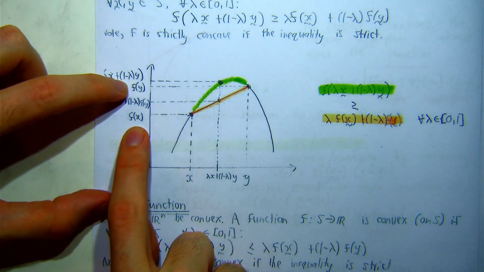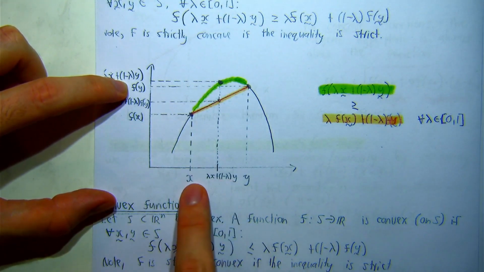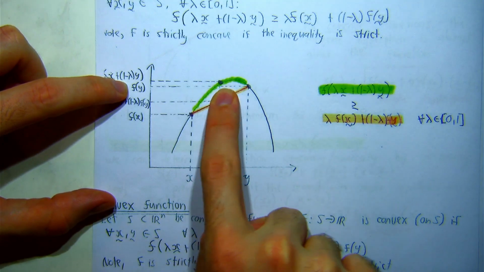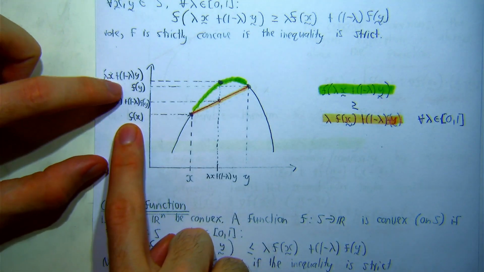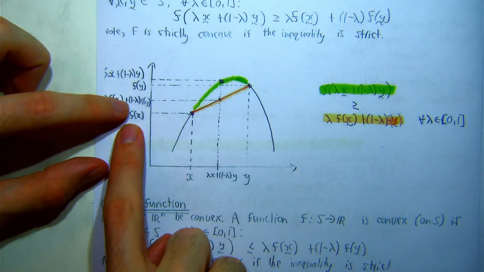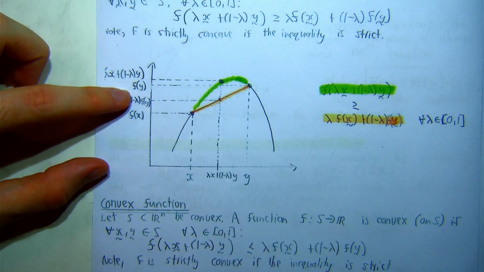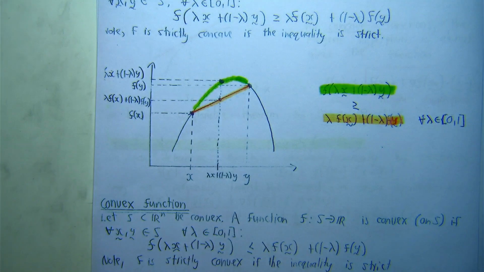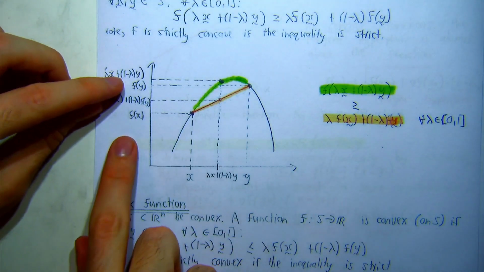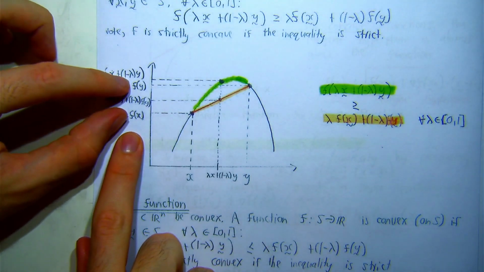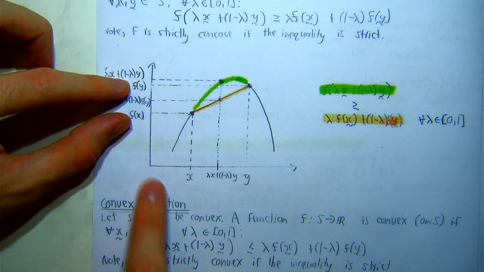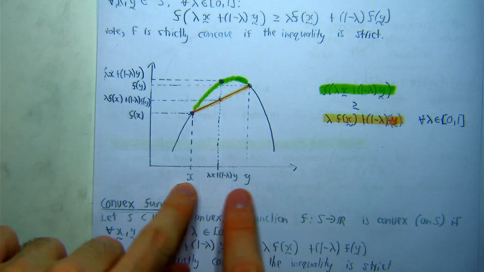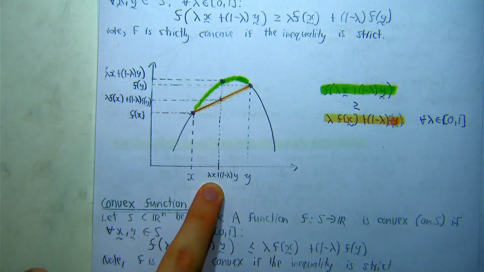So it's this analysis of combining x and y and then plugging it into the function, that's the green, compared to f(x) and f(y) and the combination of that, which is the orange line here. And this is a measuring stick to see, is the convex combination of f(x) and f(y) always above or below the convex combination of x and y plugged into the function.